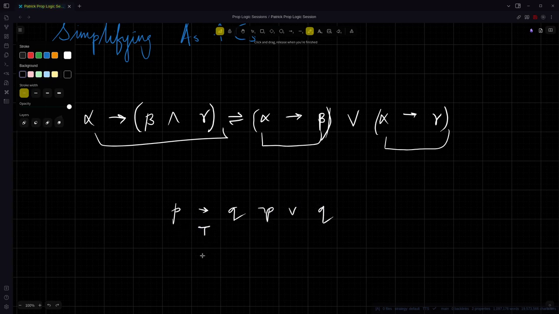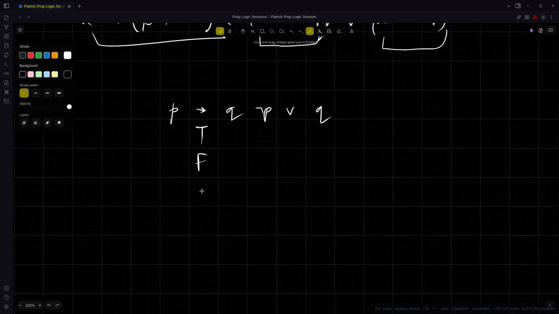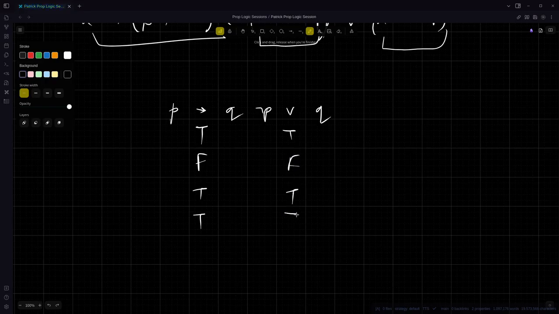So you will get T F T T, and you will get T F T T over here. Now if I just do a disjunction of this and this, this will be true, this will be false, this will be true, and this will be true. So the disjunction of this and this is the same as this.